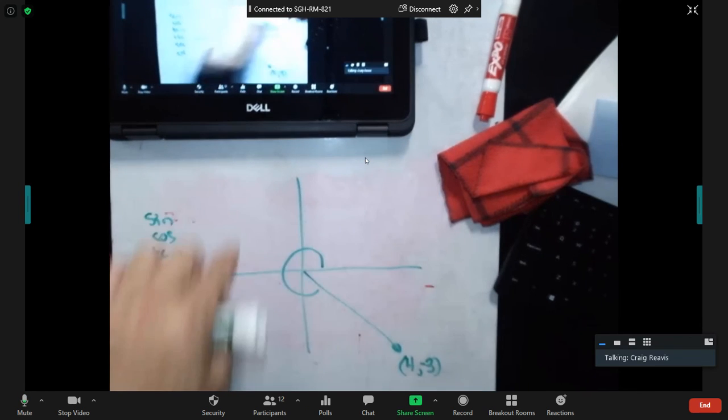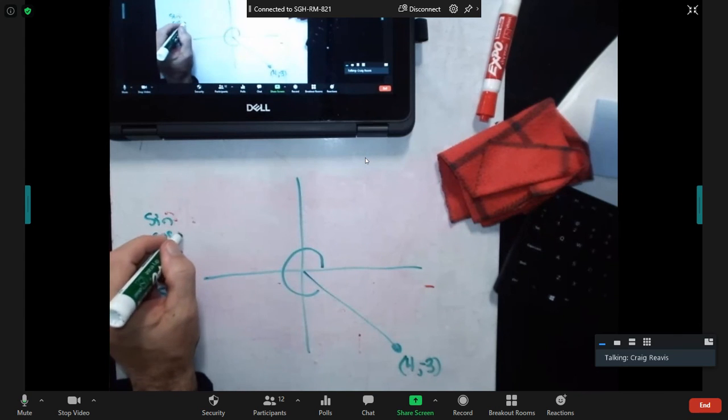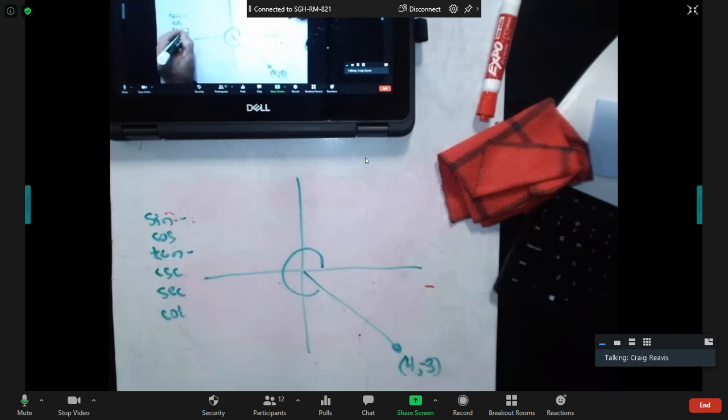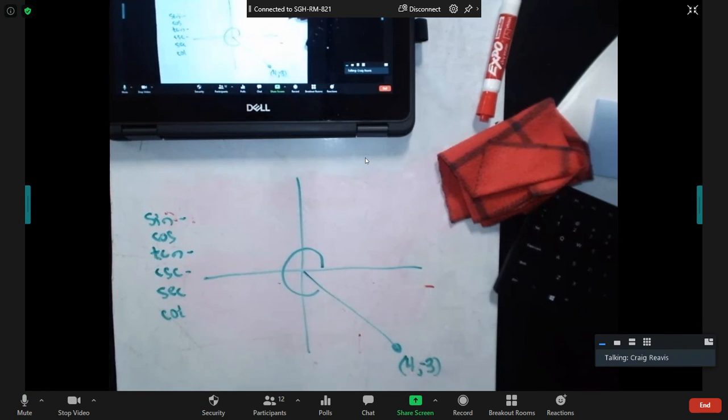All students take calculus. Our cosine is going to be positive here, and our sine and tangent are going to be negative. If sine is negative, that means cosecant is negative. Cosine is positive, that means secant is positive, and if tangent's negative, we know cotangent is negative.